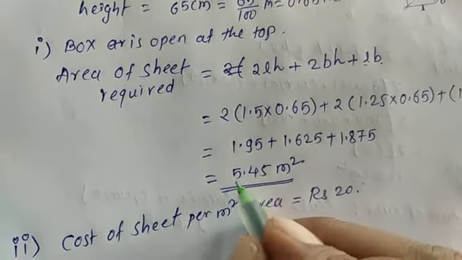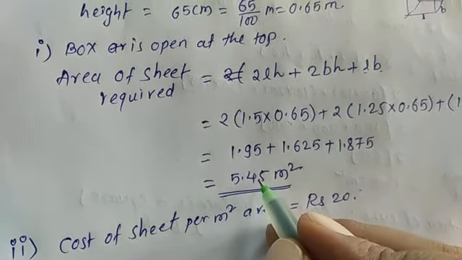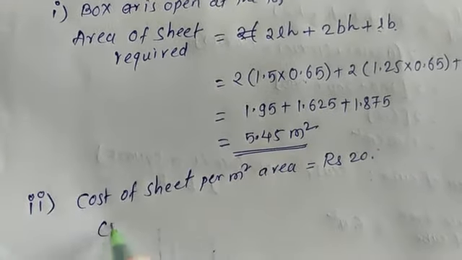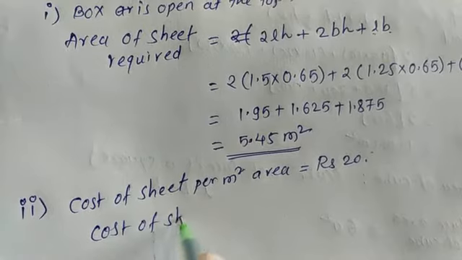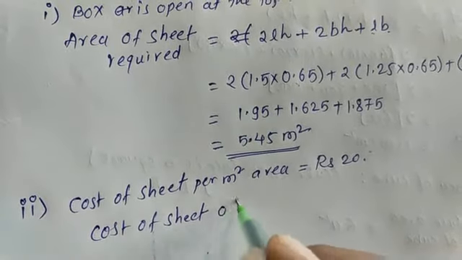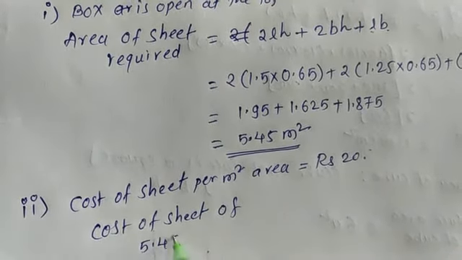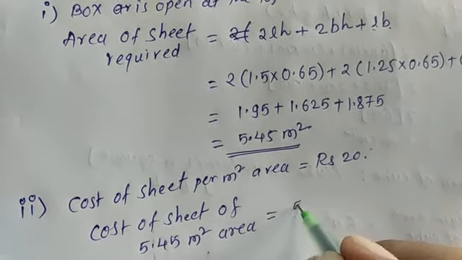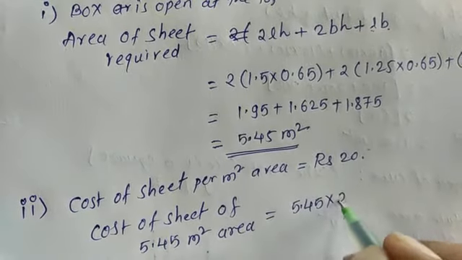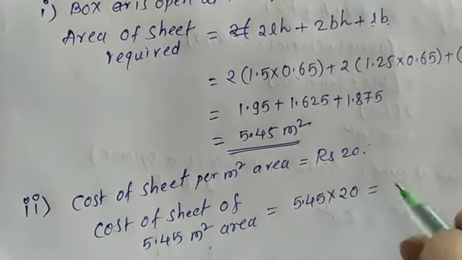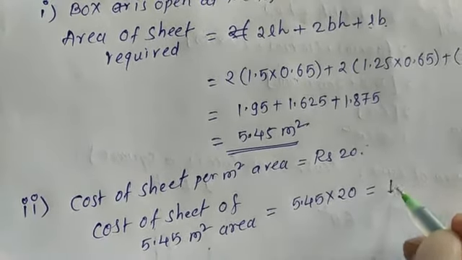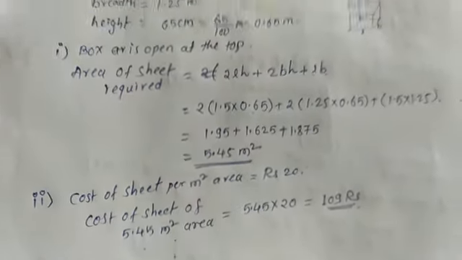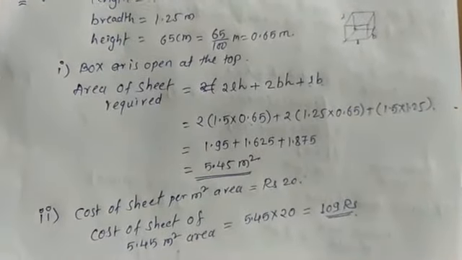Now total area required for the box is 5.45, so the cost of a sheet of 5.45 meters square area is equal to 5.45 into 20 rupees, which is equal to 109 rupees. Okay, which is our required answer.